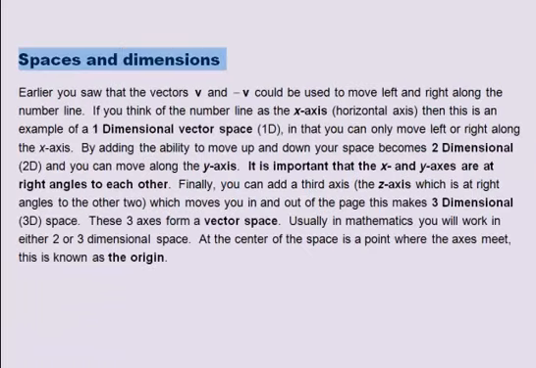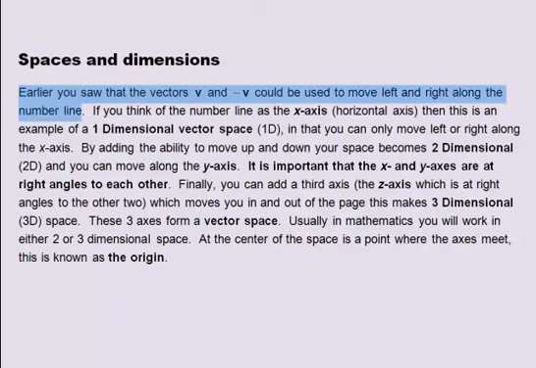Spaces and dimensions. Earlier you saw that the vectors v and minus v could be used to move left and right along the number line. You can think of the number line as the x-axis, the horizontal axis. Then this is an example of a one-dimensional vector space, 1D, in that you can only move left or right along the x-axis.